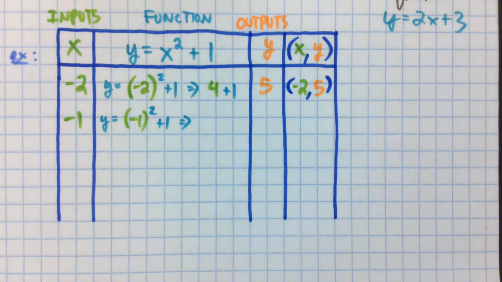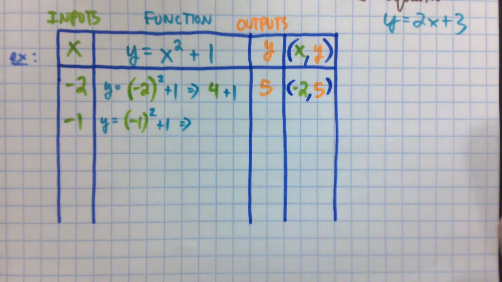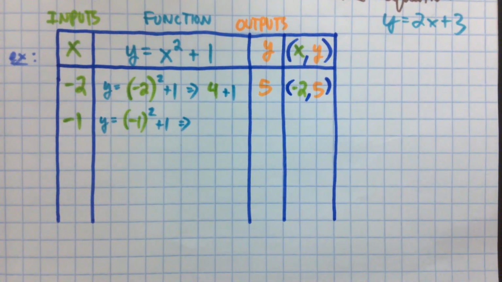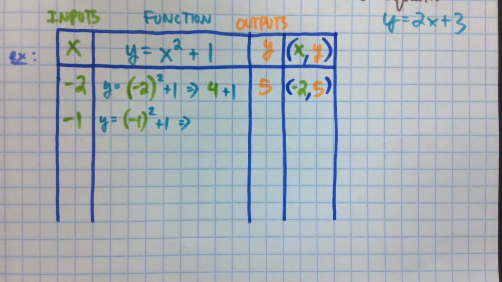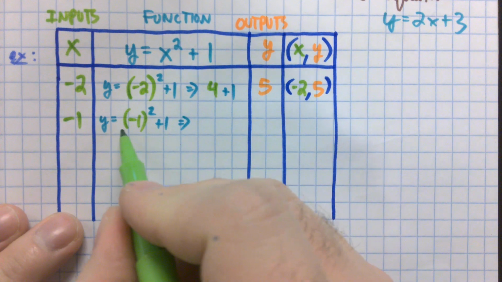y is equal to negative 1 squared plus 1. What is negative 1 squared? It's negative 1 times negative 1, which gives us positive 1. 1 times 1 is 1.